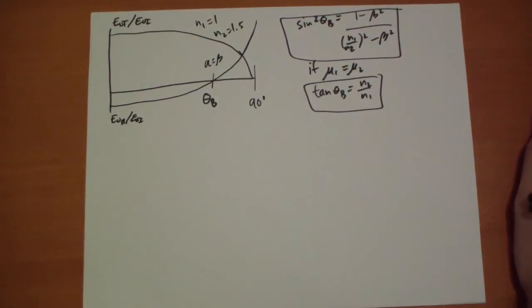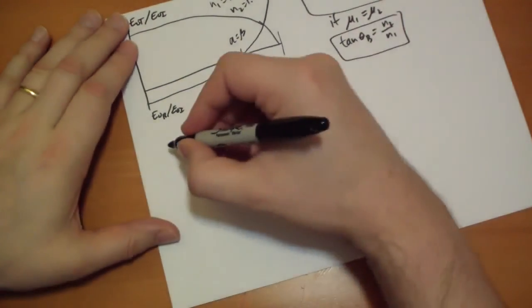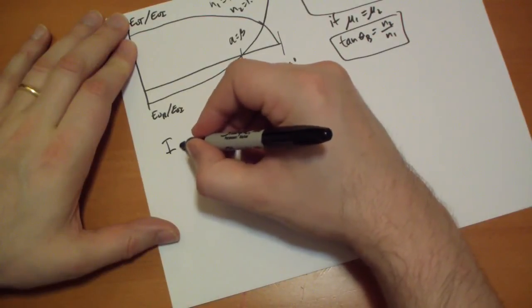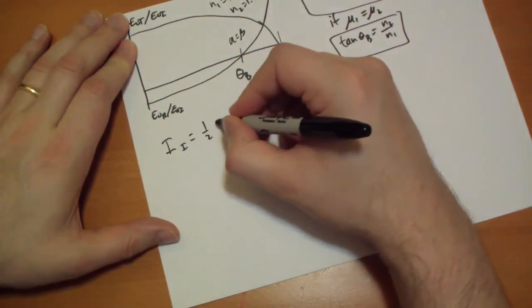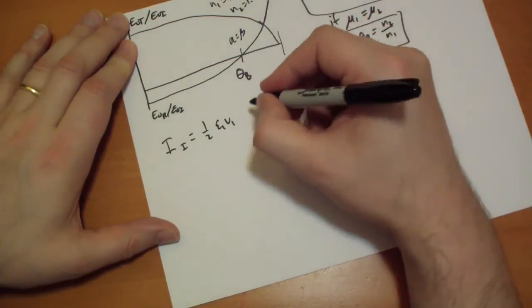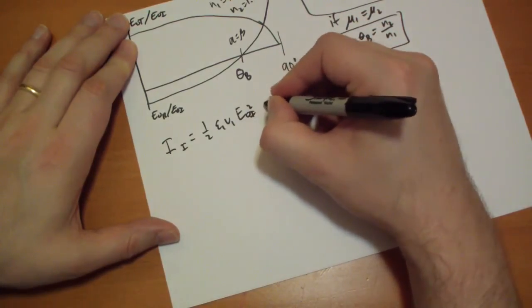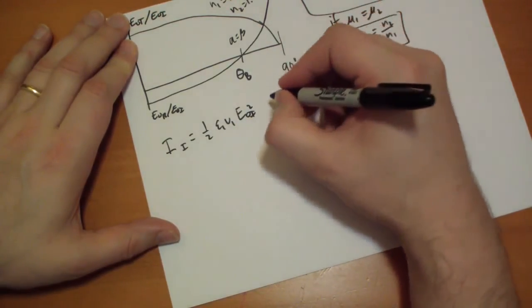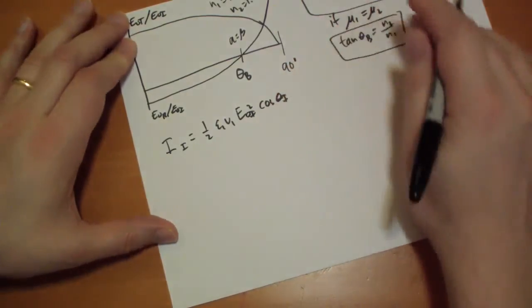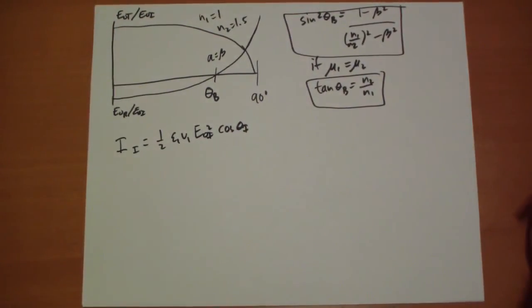All right, intensity. Intensity on the boundary for the incident wave is 1/2 E1 V1 times E naught I squared times cosine theta I. Okay, we're not taking the full intensity of the wave, we're taking the intensity of the wave hitting that surface. And now we have to match the intensity of the reflected wave and the intensity of the transmitted wave.